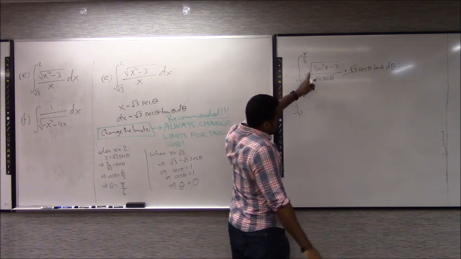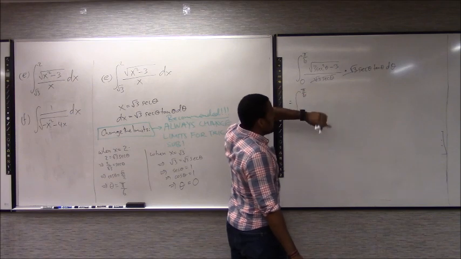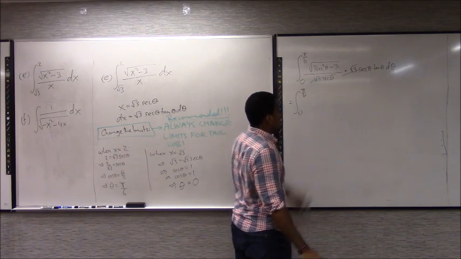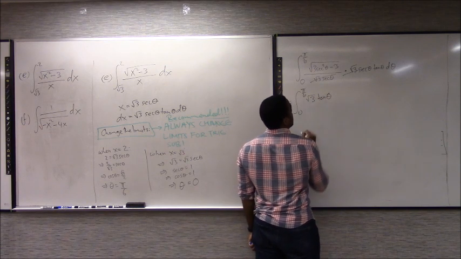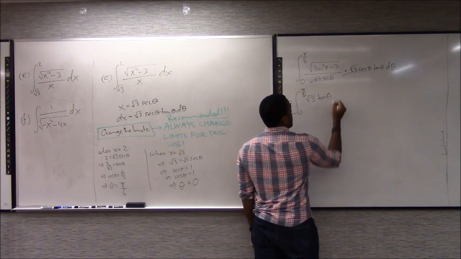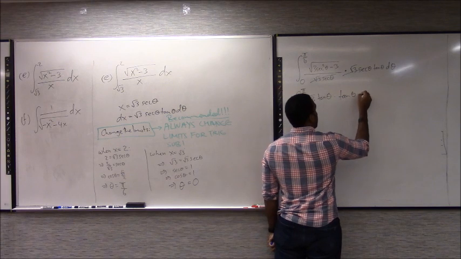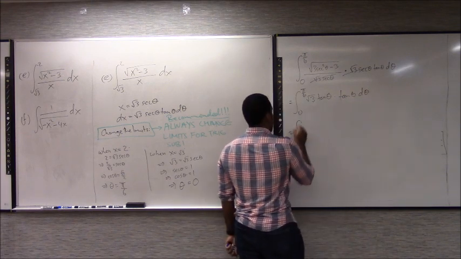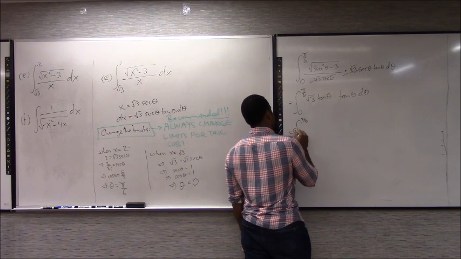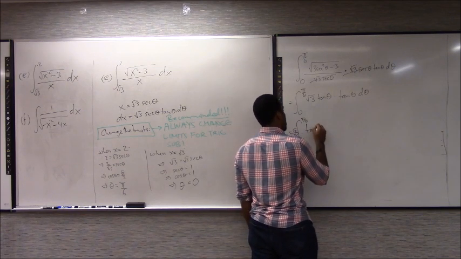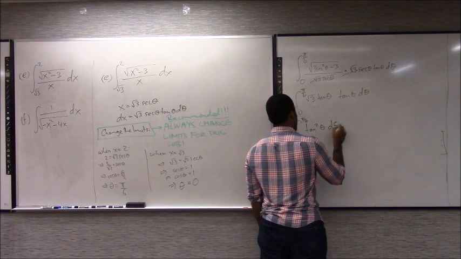You can factor out the 3 here, you get secant squared minus 1, that gives you tangent squared, and then we take the square root of everything, so we get radical 3 tangent times tangent. So now we have the integral from 0 to pi over 6 of radical 3 tangent squared theta d theta.